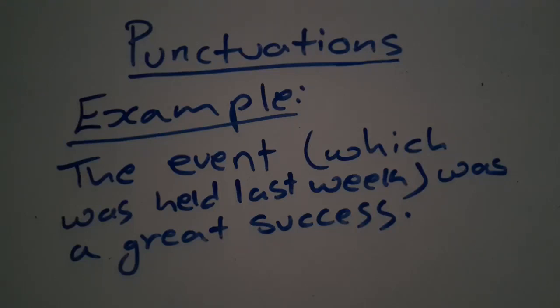That is information providing us which event it is exactly. Because maybe around that time, there could have been a lot of events that happened. So which one in particular are you referring to, which was a great success? So the event which was held last week was a great success.